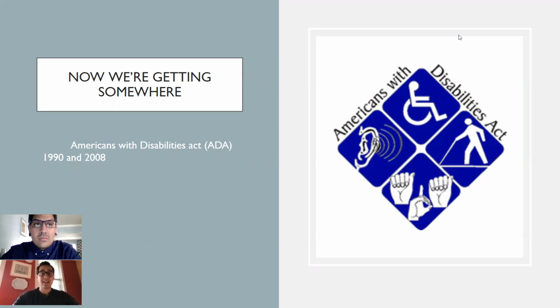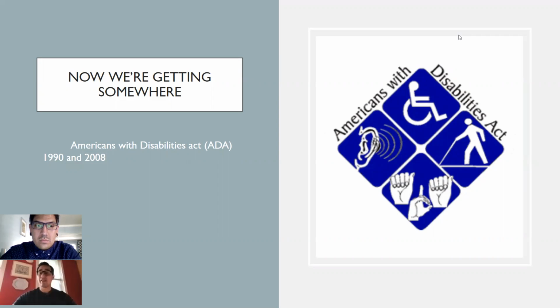In 1990, the ADA is a civil rights law that prohibits discrimination against individuals with disabilities in all areas of public life. So now we're broadening where people with disabilities gain access and have rights.